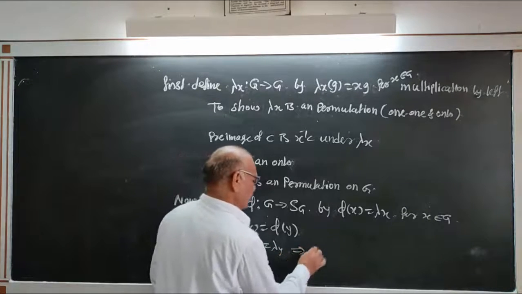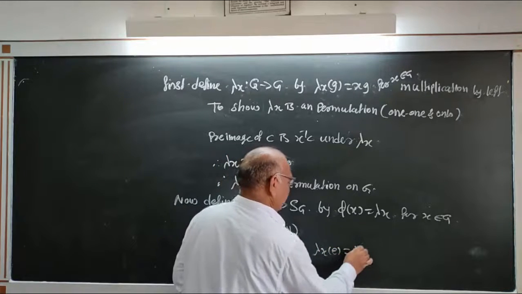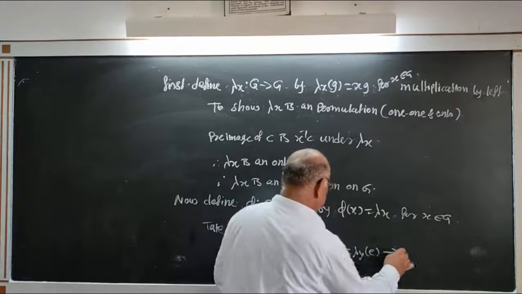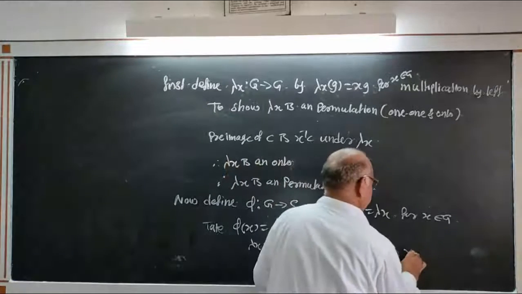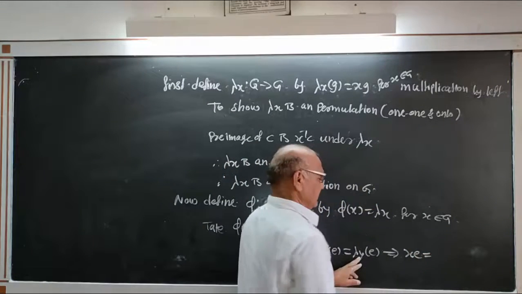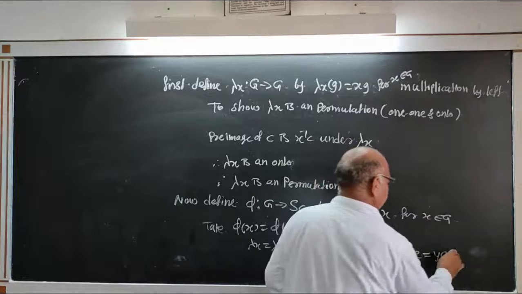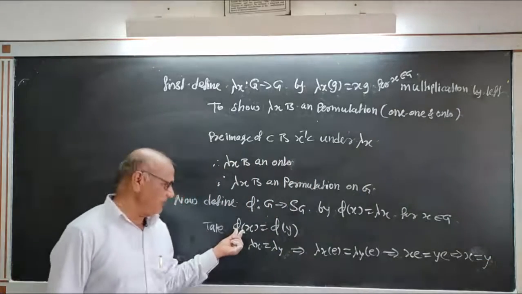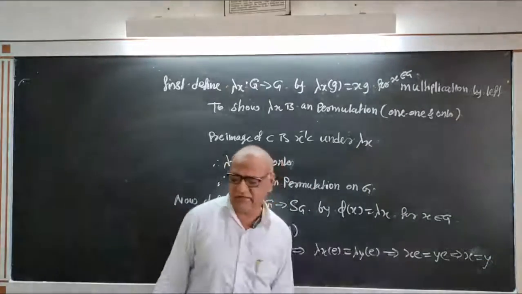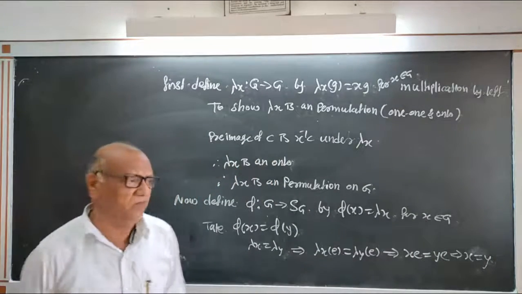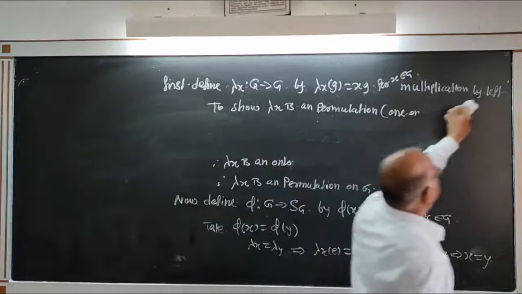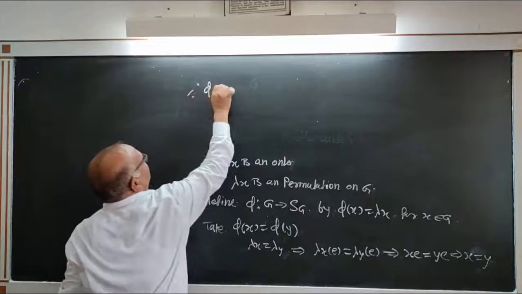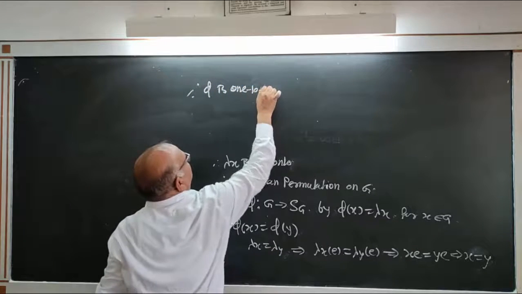This implies lambda_x of e is equal to lambda_y of e. That means xe equals ye, and this gives x is equal to y. Taking phi of x equal to phi of y, we get x is equal to y. So phi is a 1-to-1 function.